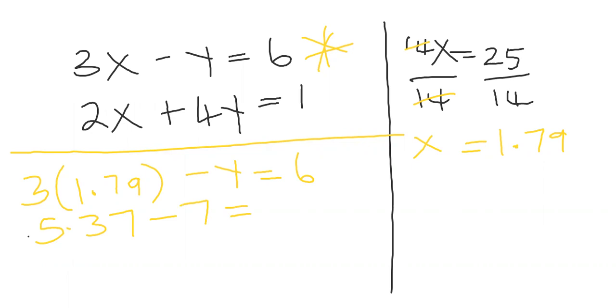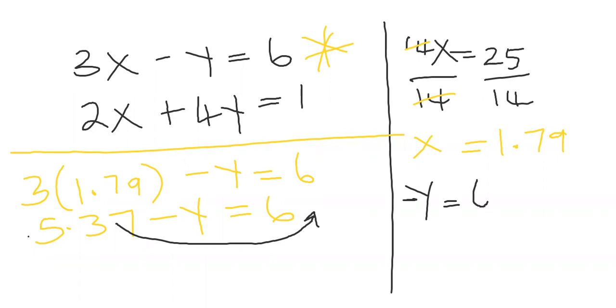Then minus y equals 6. So we want to find the value of y. So it means take this side, so that on one side you are only left with y, and your y is a negative y. So your negative y becomes 6 minus 5.37.